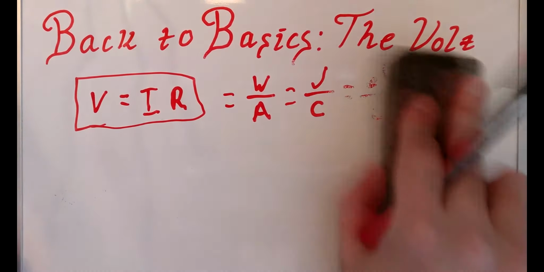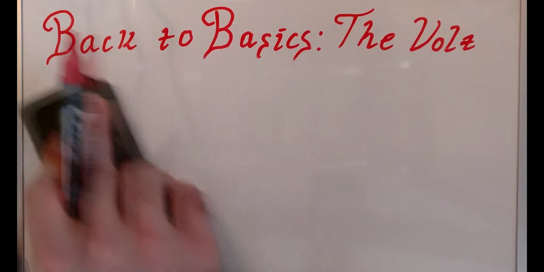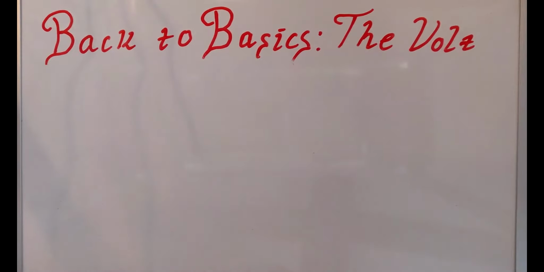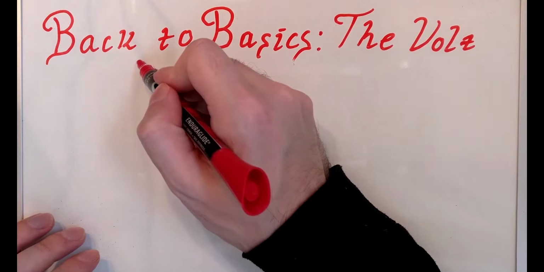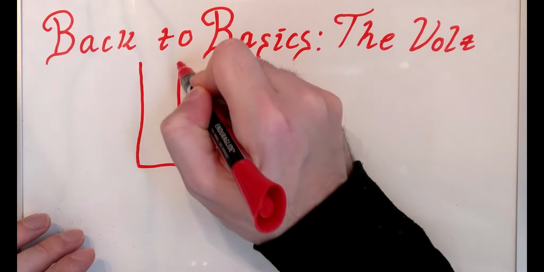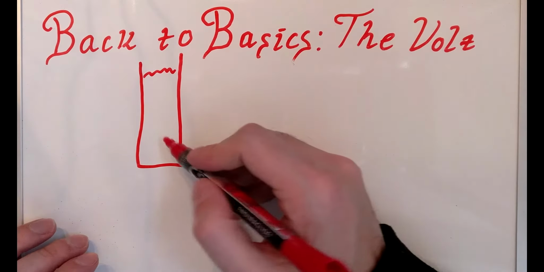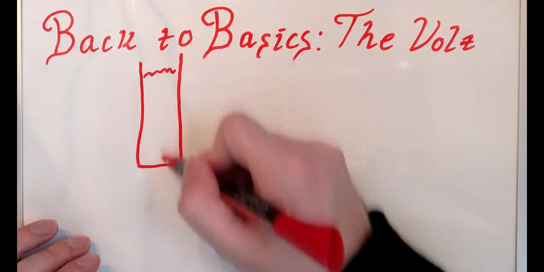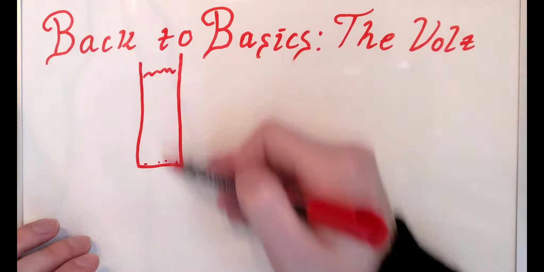But let's visualize this a little bit differently to give you an idea of how voltage works in relation to a circuit. So let's imagine a big tank of water like this, and it's full up to here. Now, the pressure of the water down here would be the voltage.